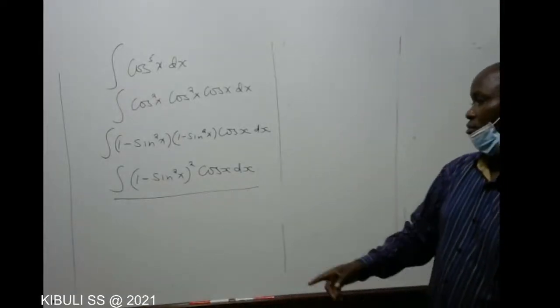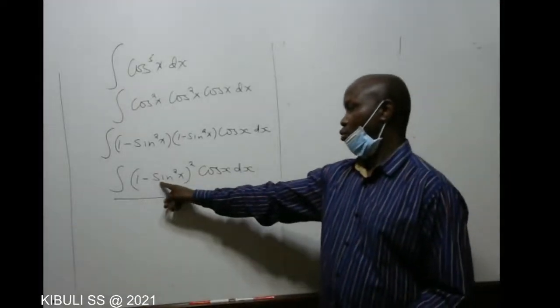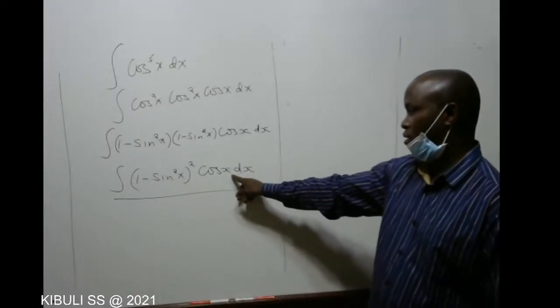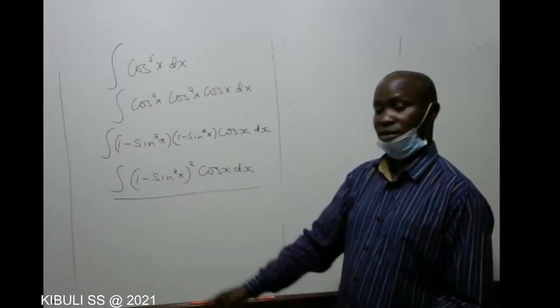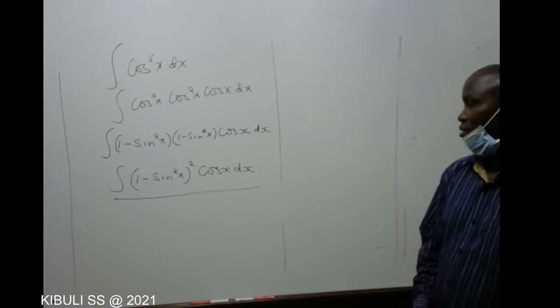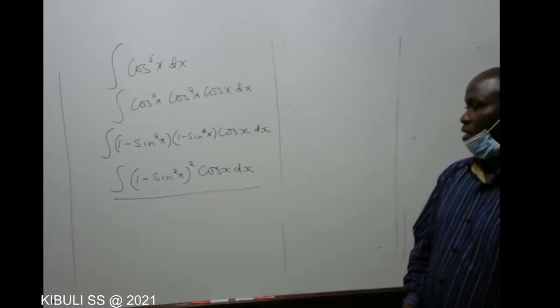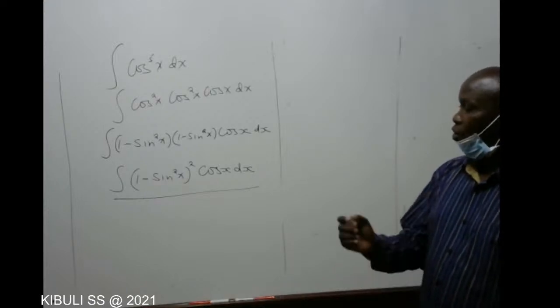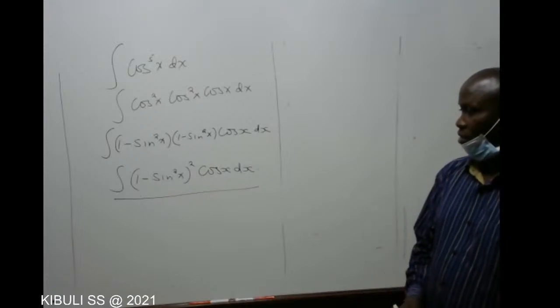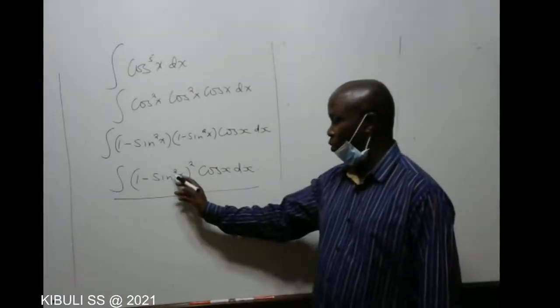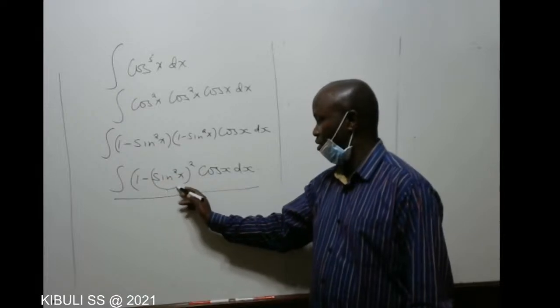So take note that again we have a product of cos x and sin squared x. For cos and sin, the one with the highest power becomes the function.